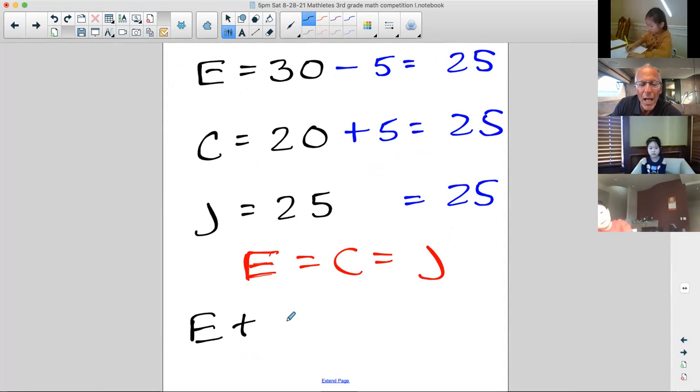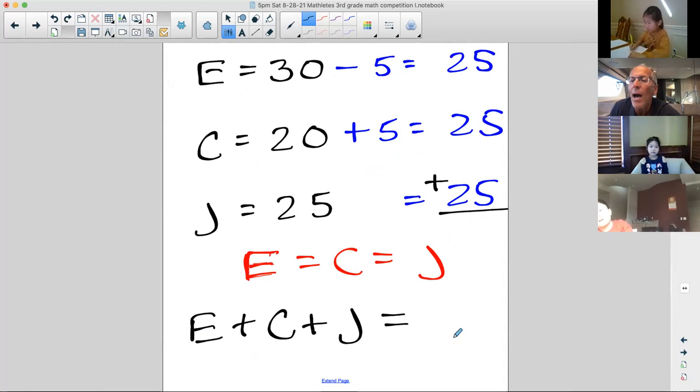E plus C plus J equals how many points? Don't say it out loud. Think about it. 3 25s. You could think of what happens when your parents give you 3 quarters, how many cents you have. That's one way of thinking about it.